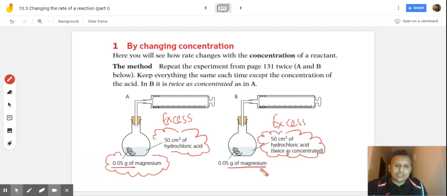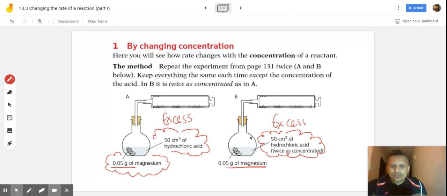Just to quickly remind you, when you have a chemical reaction taking place between something like magnesium and this acid, which is in excess, the magnesium will be completely used up, okay? You will have some of the acid particles left over. There are more acid particles than there are magnesium particles to react with it. Okay, so that's what's meant by excess.